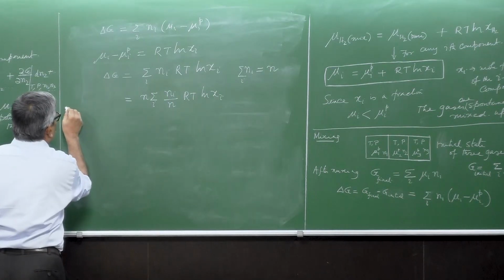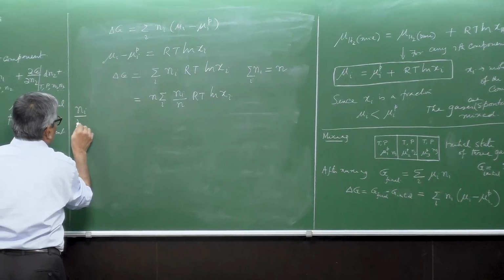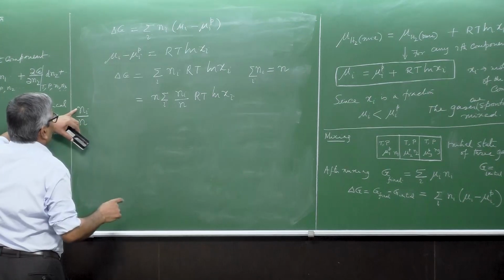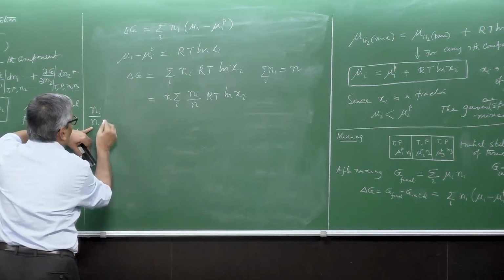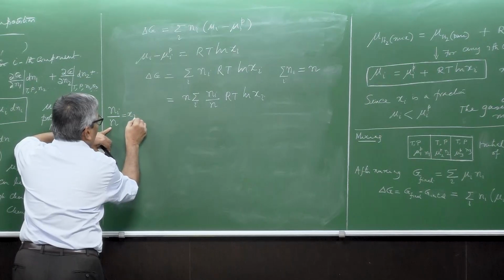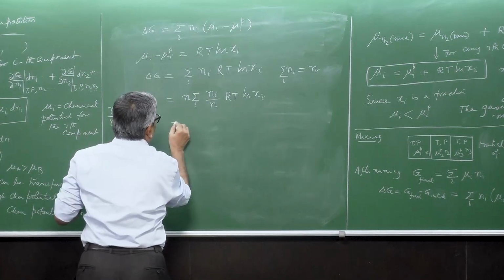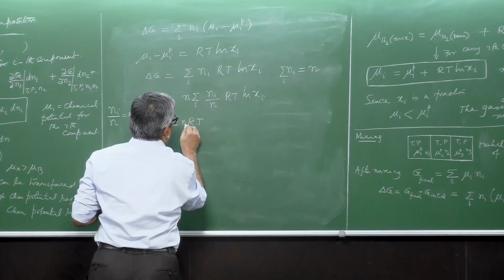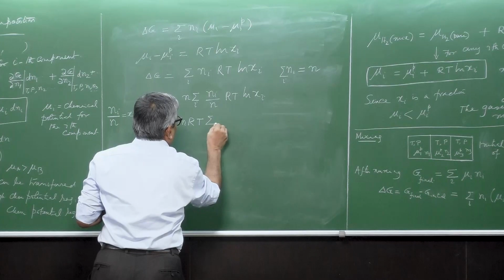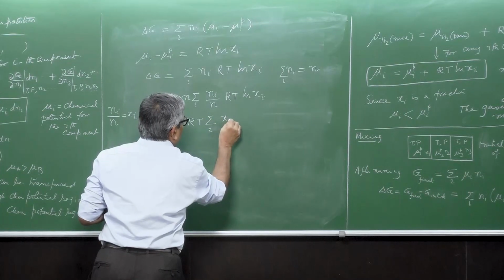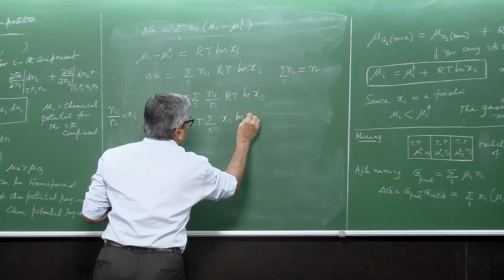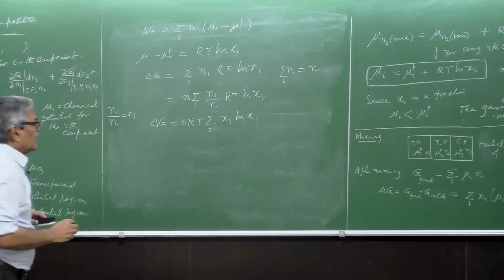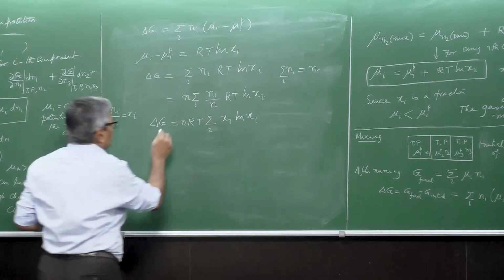Now you see that Ni by N, the number of moles of the ith component divided by the total number of moles, is equal to xi. So I have nRT sum over I xi ln xi. So delta G is something that we can derive very easily.